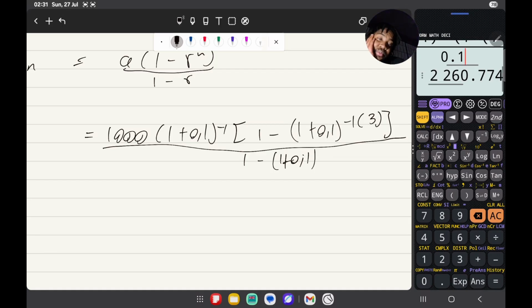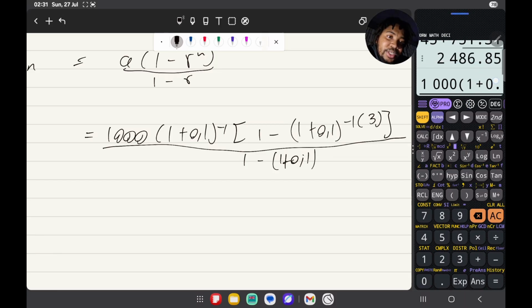Should this be negative? No, no. Probably I did something wrong on the calculator, because I must get exactly this amount. So let me go check.